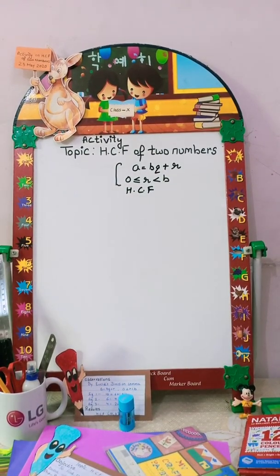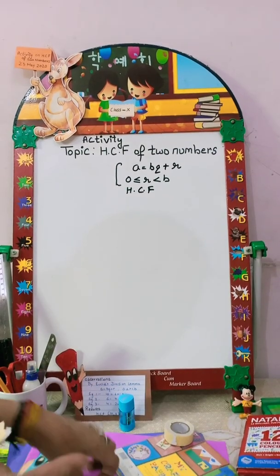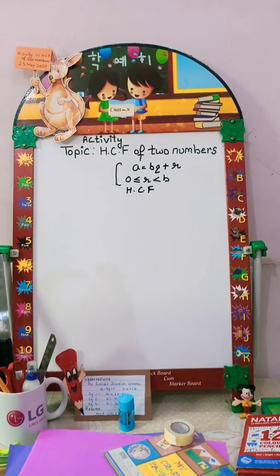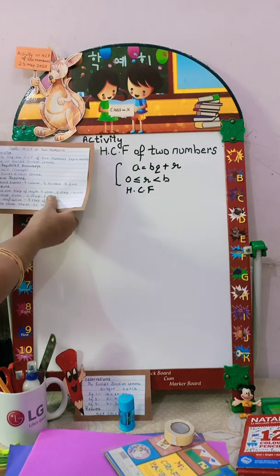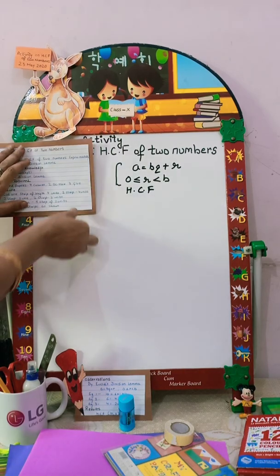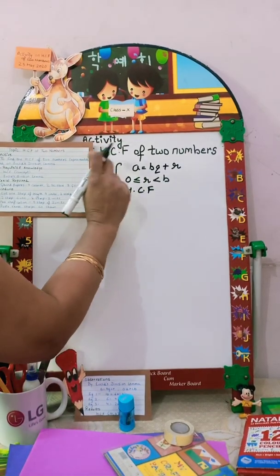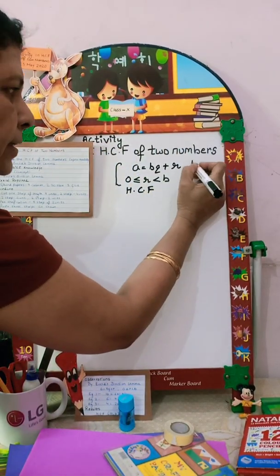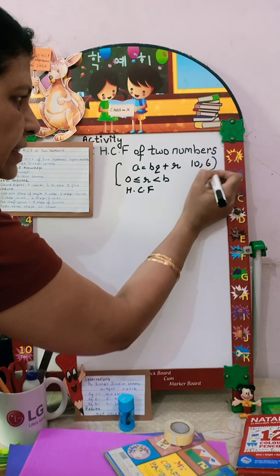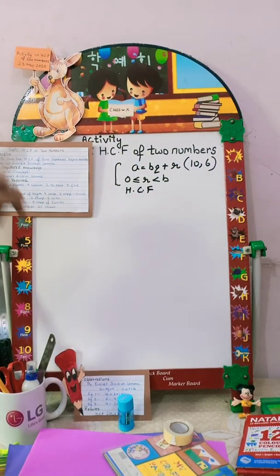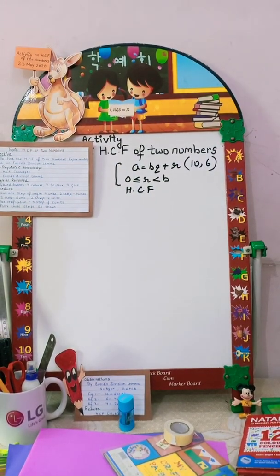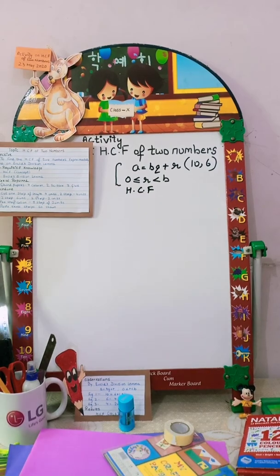Cut strips of different sizes. Here I am taking two numbers, 10 and 6. Now by the activity method, I am finding the HCF of these numbers.